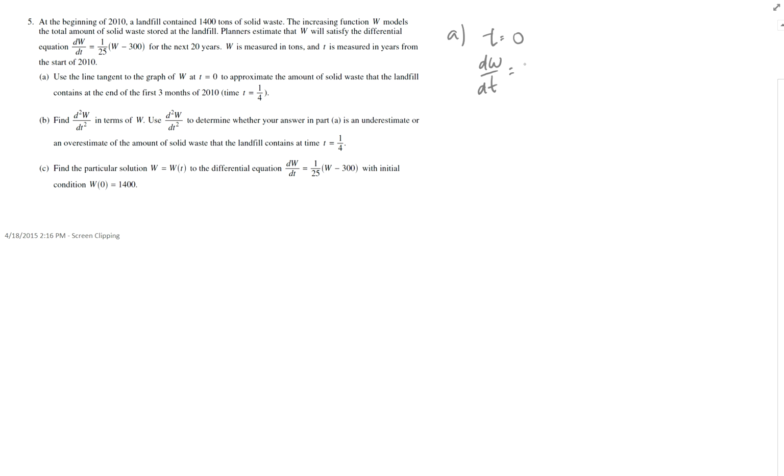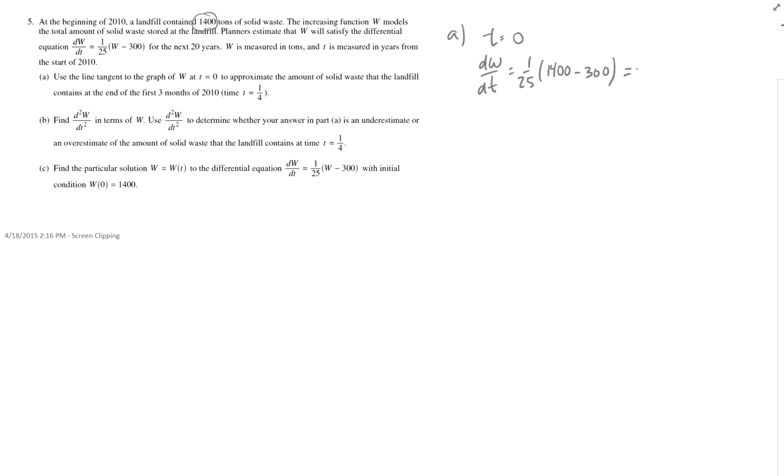It's going to be 1/25 times W minus 300. What's W? When t is 0, what is W? W is the amount of landfill that's in there. There's 1,400 tons in there. This is one of those ones that, if you don't catch that, this could be bad.